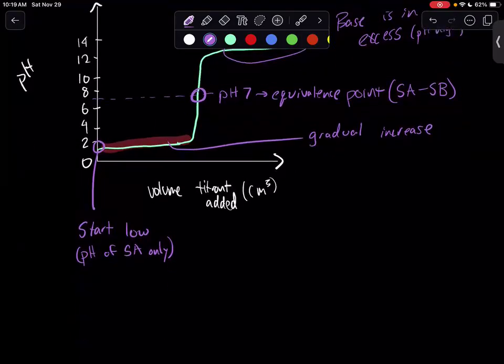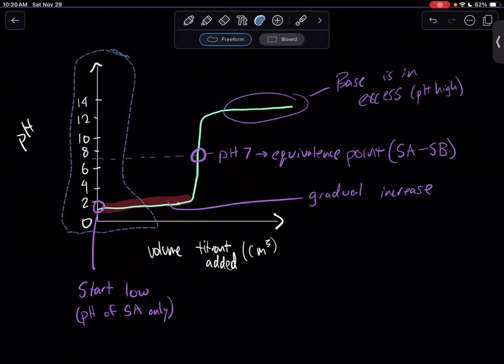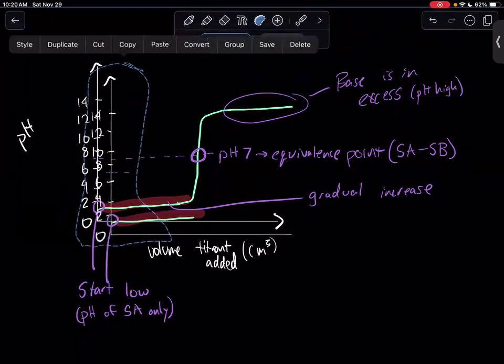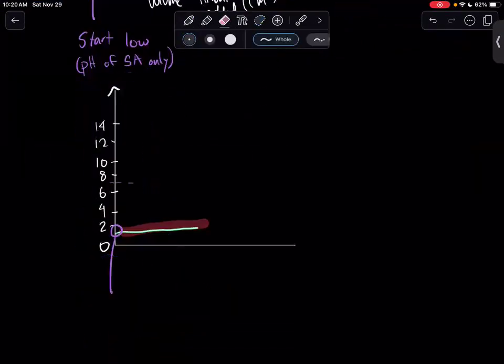Now, the only other titration curve that you need to know in the SL curriculum is the inverse one. We'll just delete the aspects we don't need.